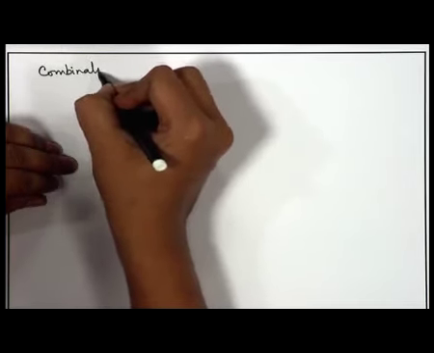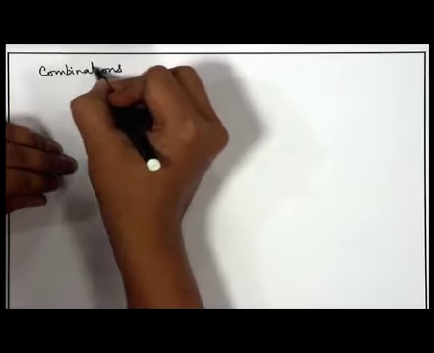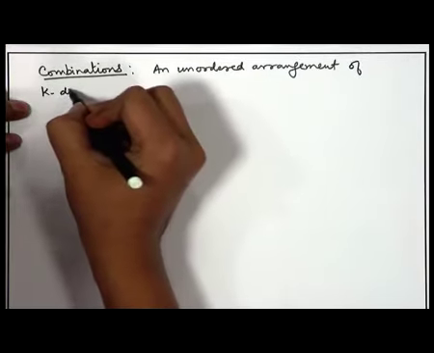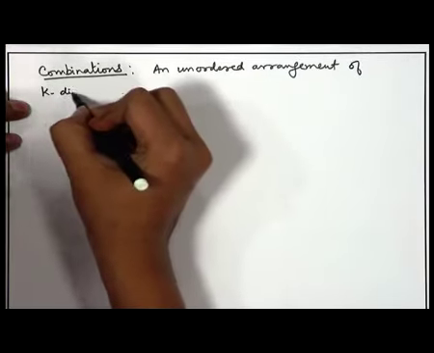So, I give a new definition now. An unordered arrangement of k distinct items from a set of n distinct items is called a k combination.